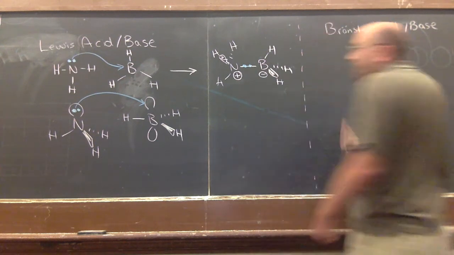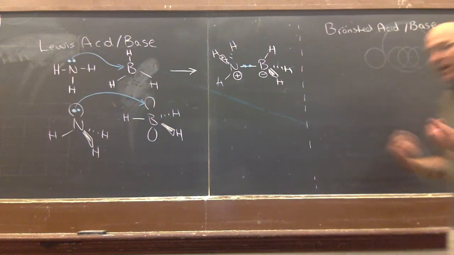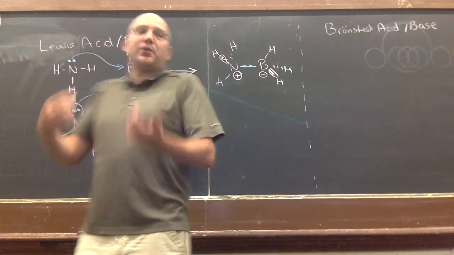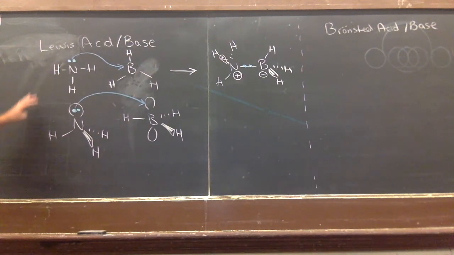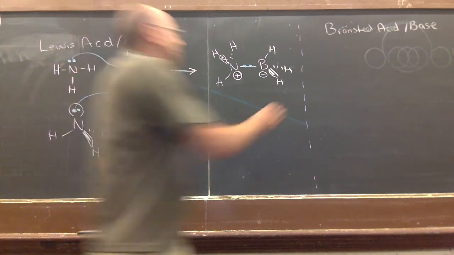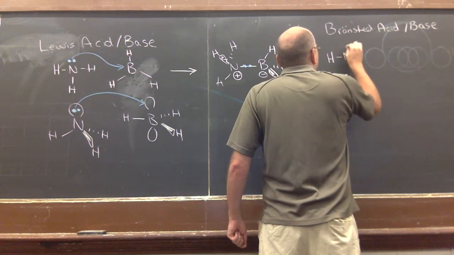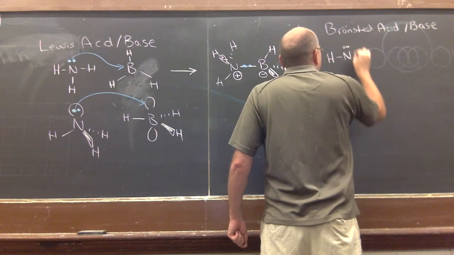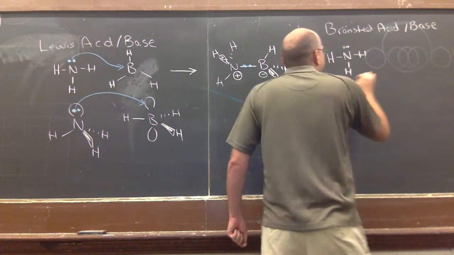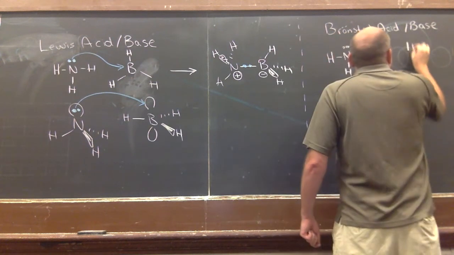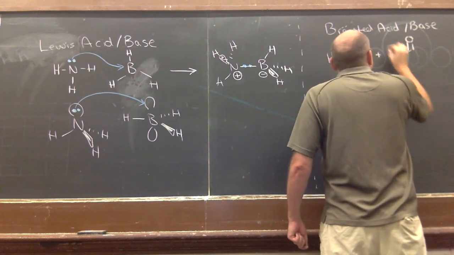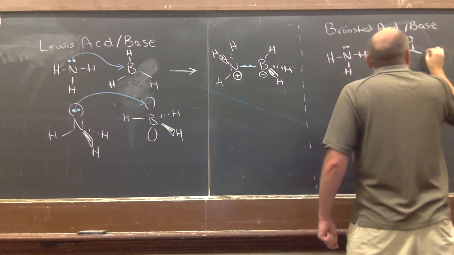Again, the difference between Lewis acid, Lewis base chemistry, and Bronsted acid, Bronsted base chemistry is that now we're referring to protons, right? And so instead of, say, for example, ammonia reacting with borane, it would be equivalent to, say, ammonia reacting with, I don't know, acetic acid, right?